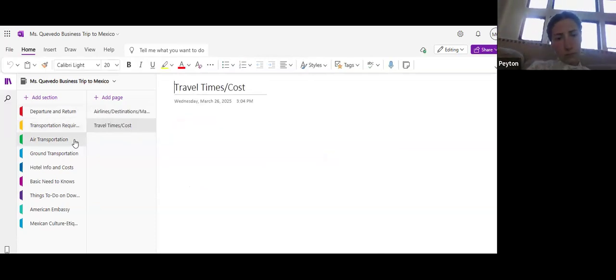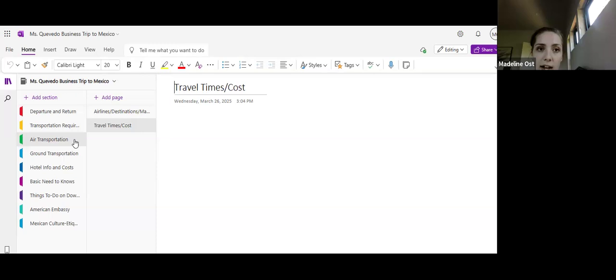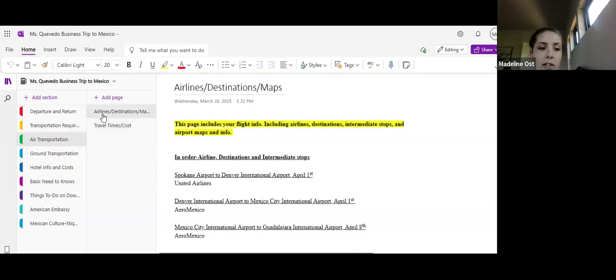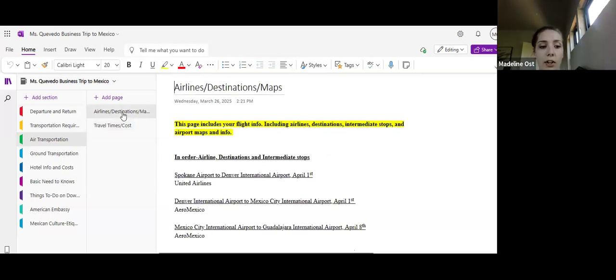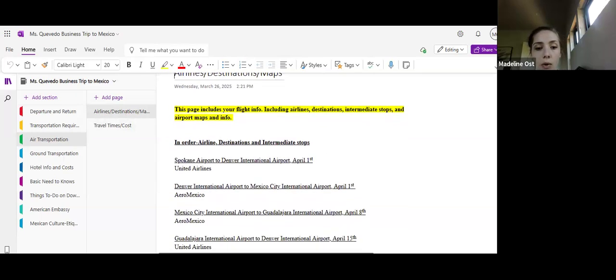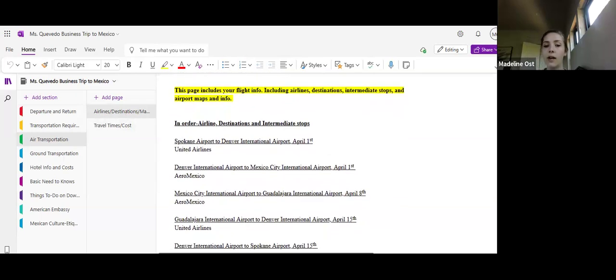In her travel times and costs, I did not get those down, so those are not in here for her. Except, as you can see, I don't have travel times and costs, but I do have her airlines and destinations and maps. So this includes her flight info.